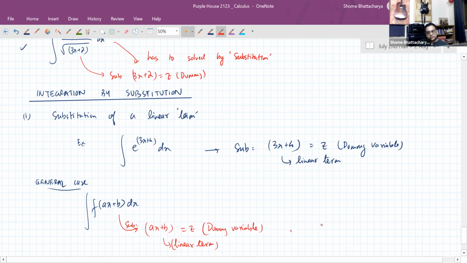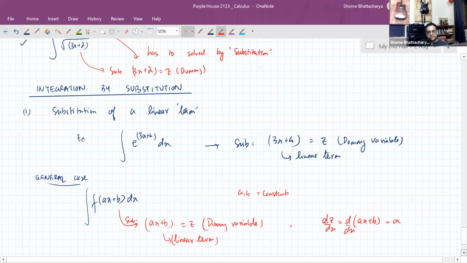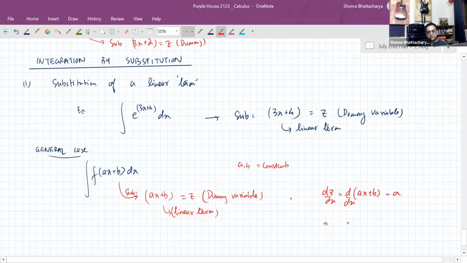And once we do that, you can see that dz by dx is the differentiation of this linear term. So that is nothing but a, because here a and b are constants. So the moment dz by dx is a, that means if I cross multiply, I can say that dx is equal to dz by a.